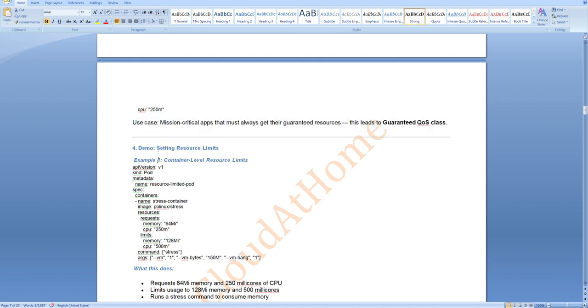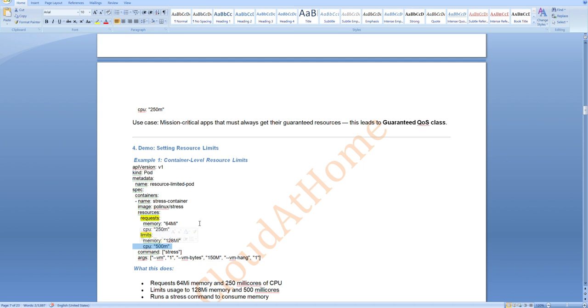So what is setting resource limit? This is the same concept. Basically it is using some image, and then this is your resource. You are setting up the resource request and the limit. You are giving 64 MiB and 250 millicore, and 128 MiB and 500 millicore.